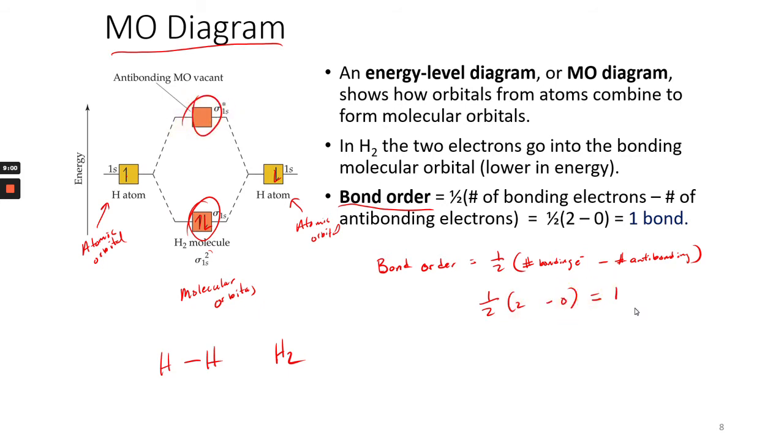So your bond order is 1. If your bond order is greater than 0, then you can form the bond. So the bond order is important. It tells you if the bond will form or not.